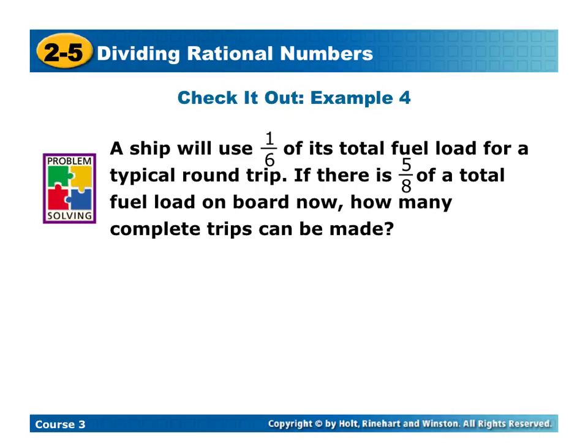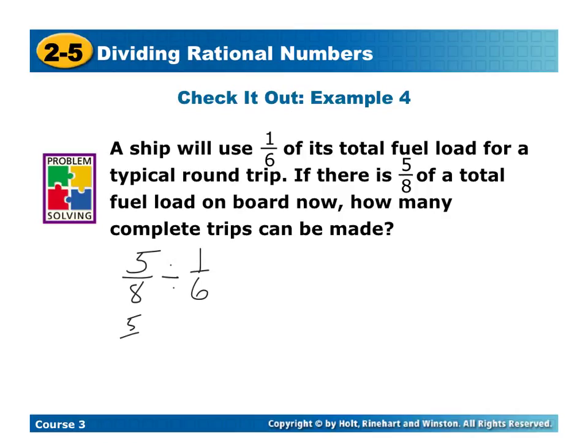A ship will use 1/6 of its total fuel load for a typical round trip. There is 5/8 of a total fuel load on board now. How many complete trips can be made? So we're going to take 5/8 and divide it by 1/6 of the tank to figure out what we can get.